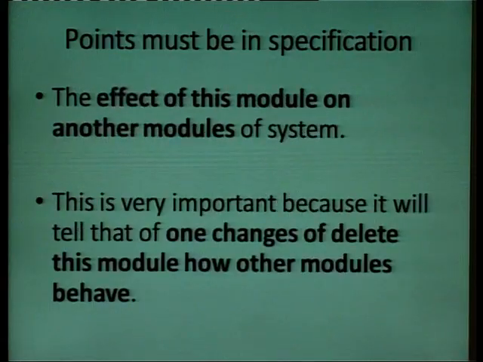So, the effect of this module on another module of the system. This is very important because it will tell that if one changes or deletes this module, how other modules behave.